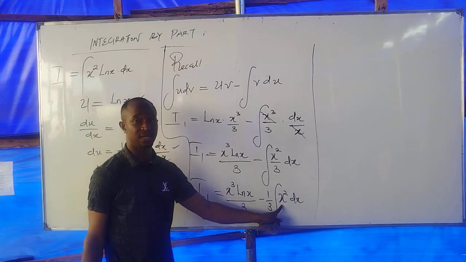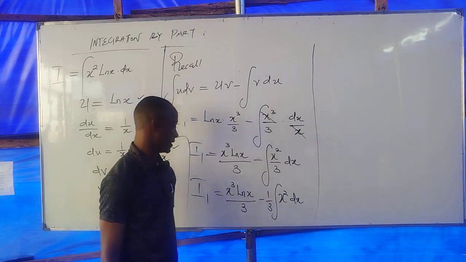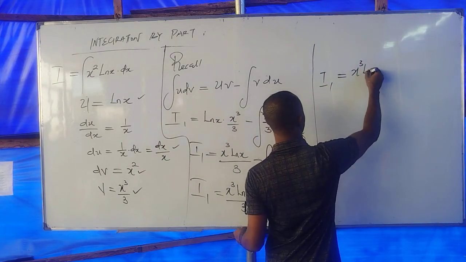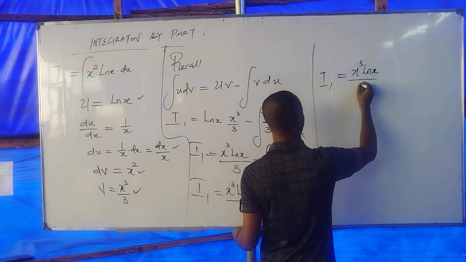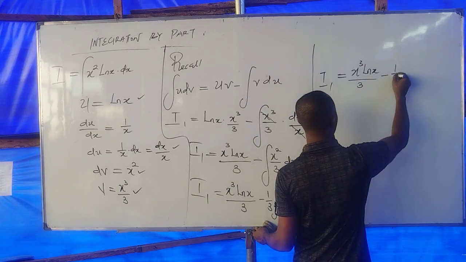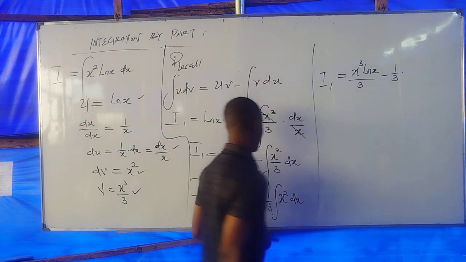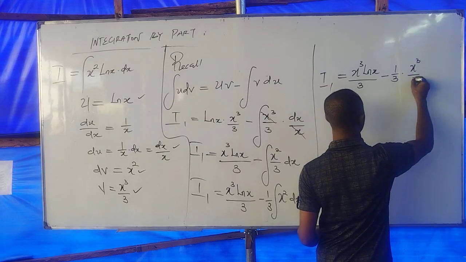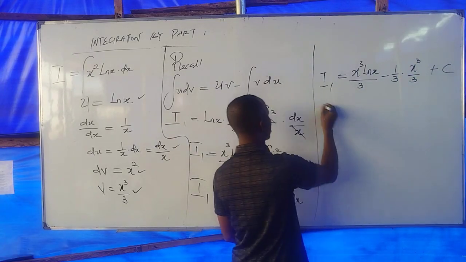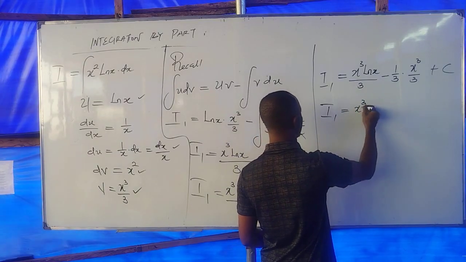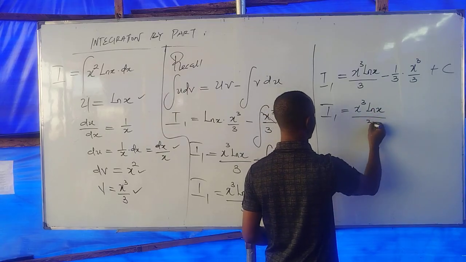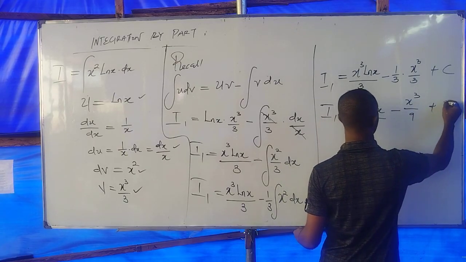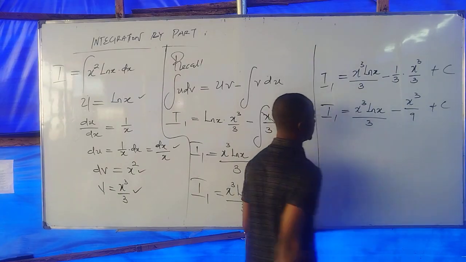Now we can integrate x squared with respect to x. That will give us our I1 equals x cubed ln x divided by 3 minus 1 over 3 times the integration of x squared, which is x cubed over 3 plus C. So that means our I1 becomes x cubed ln x over 3 minus x cubed over 9 plus C. Between these two, what is common?